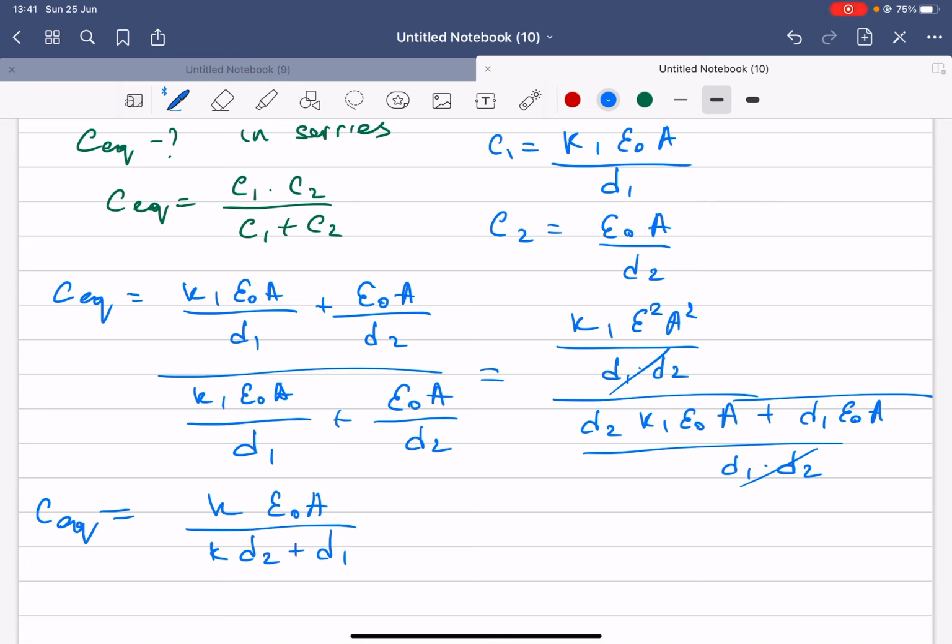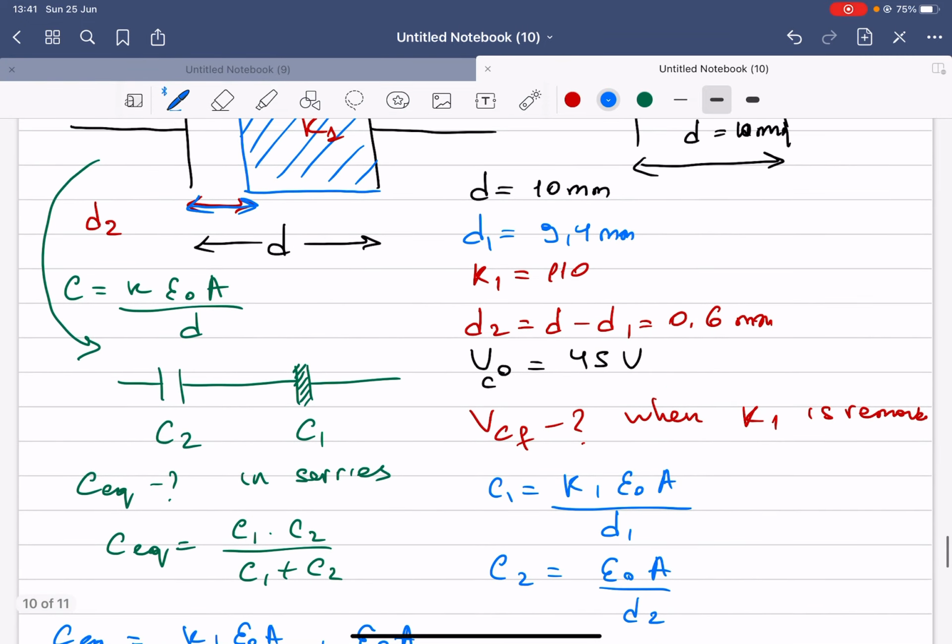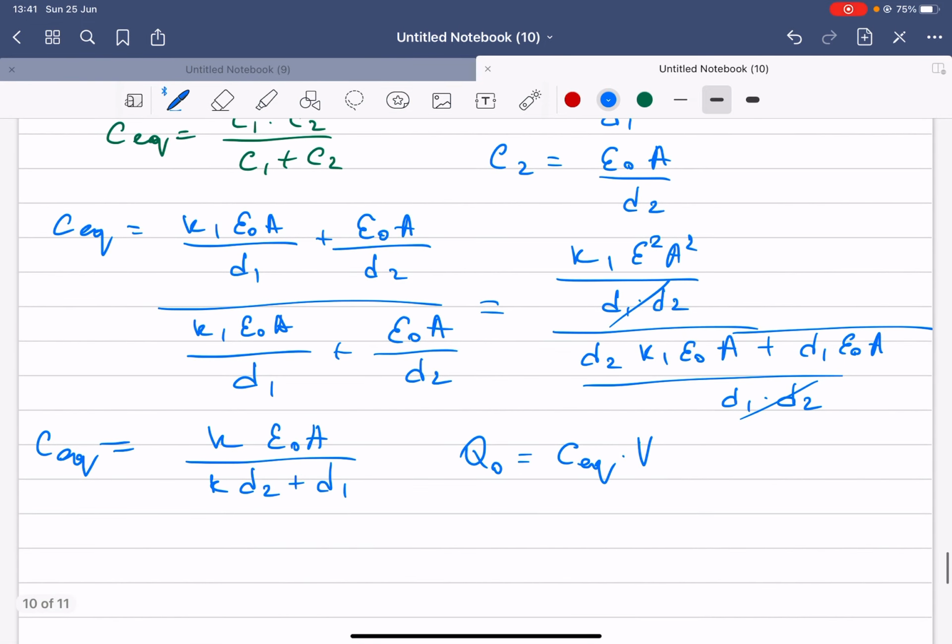Now, what will be the charge there? The charge initially in the capacitor when there is dielectric is defined as C equivalent multiplied by the voltage across the capacitor, which is the initial voltage. So we have K epsilon naught area divided by K D2 plus D1, multiplied by the initial voltage.